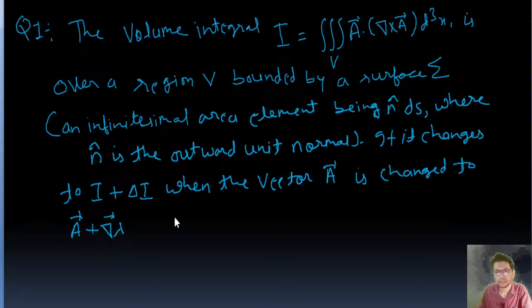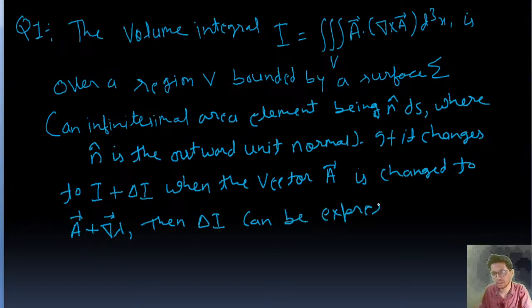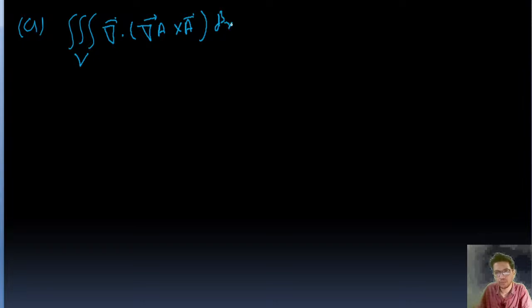then delta I can be expressed as, options are: option A, volume integration del dot gradient of lambda cross A d cube x.